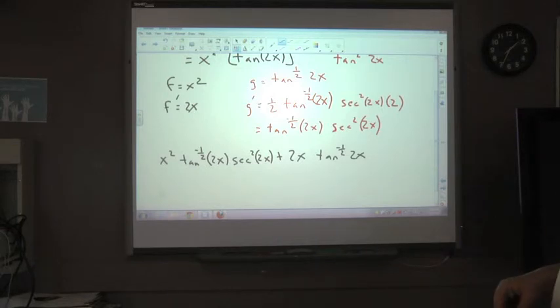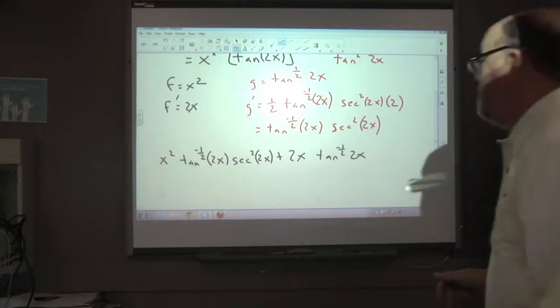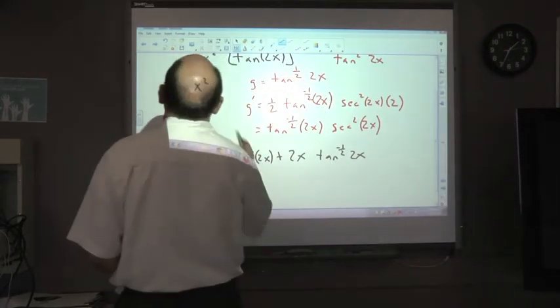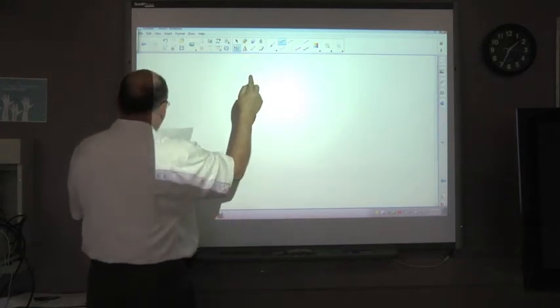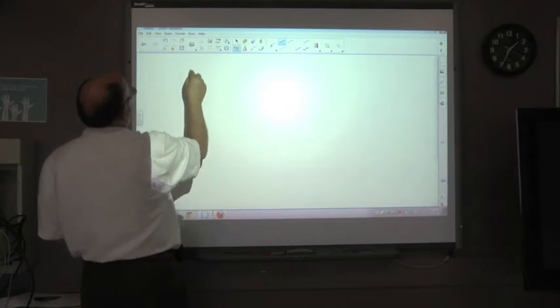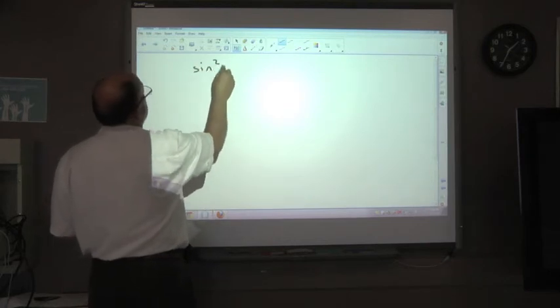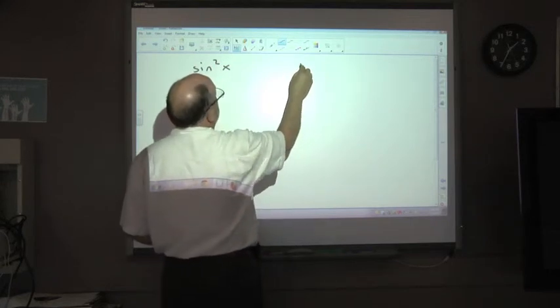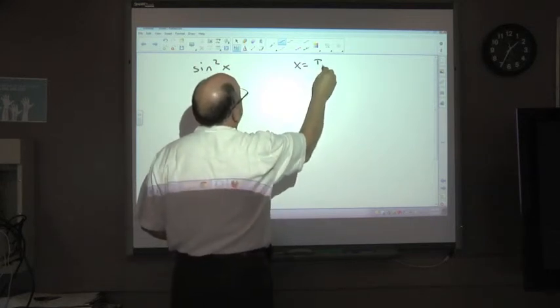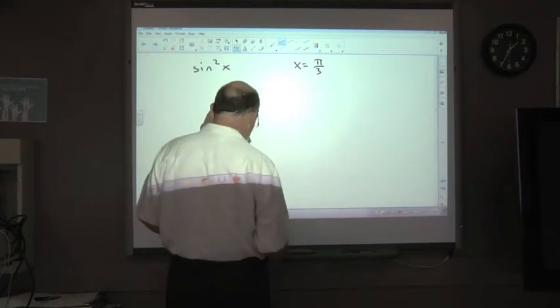We can also find tangent lines like we did before. So let's look at one of those, for example. Let's say I want to find the equation of the tangent line to sine squared x at x equals pi over 3. Okay?